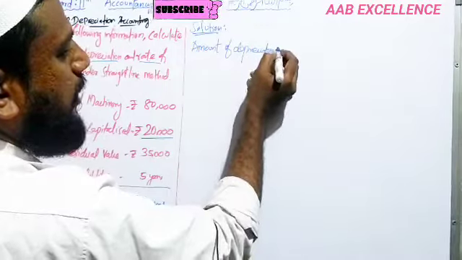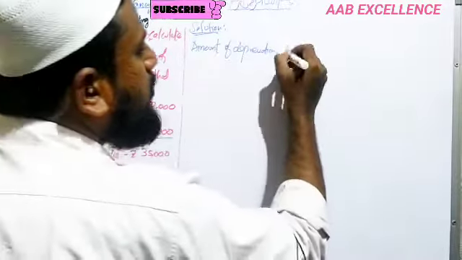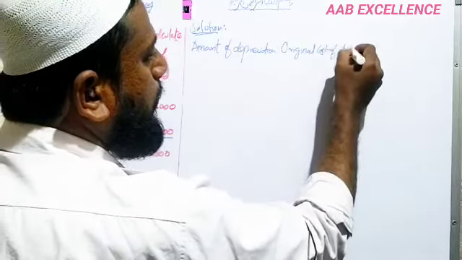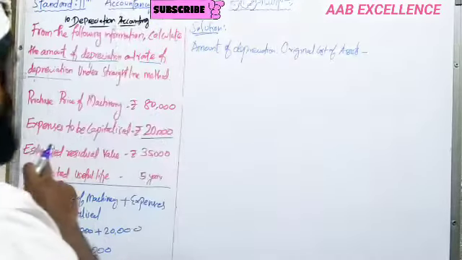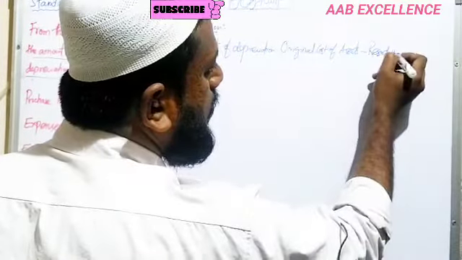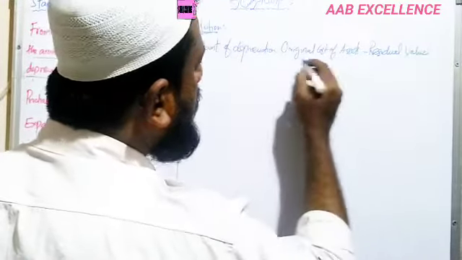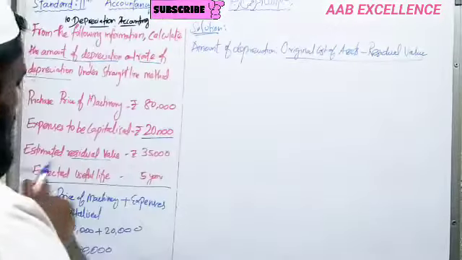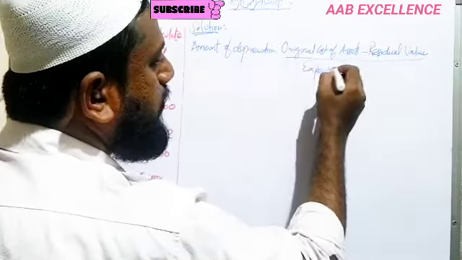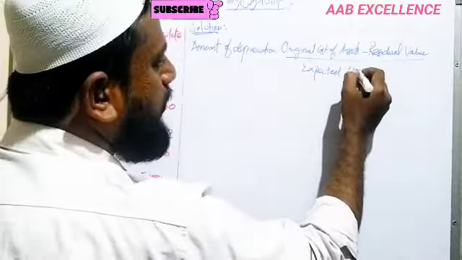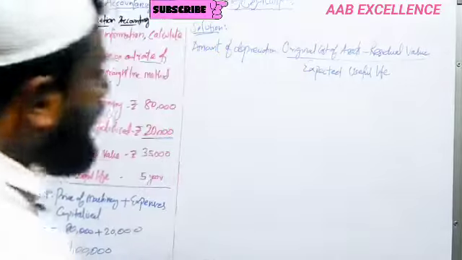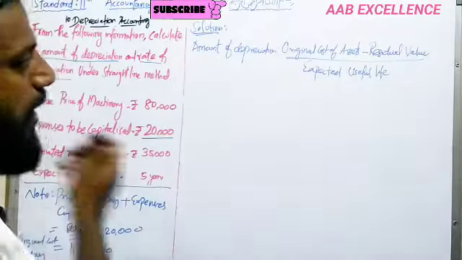We write down the formula: amount of depreciation equals original cost of assets minus residual value or scrap value, divided by estimated useful life, the expected useful life. Okay students, this is the formula of amount of depreciation.